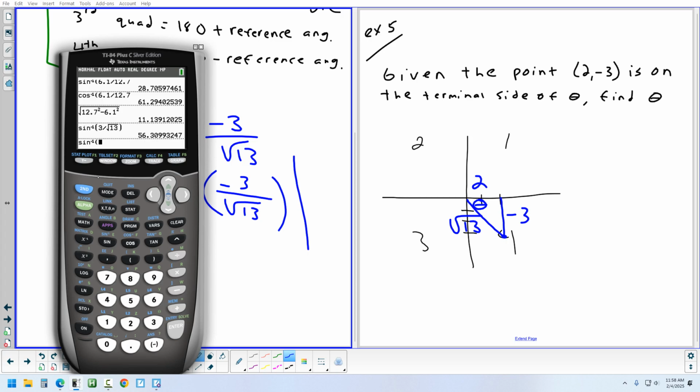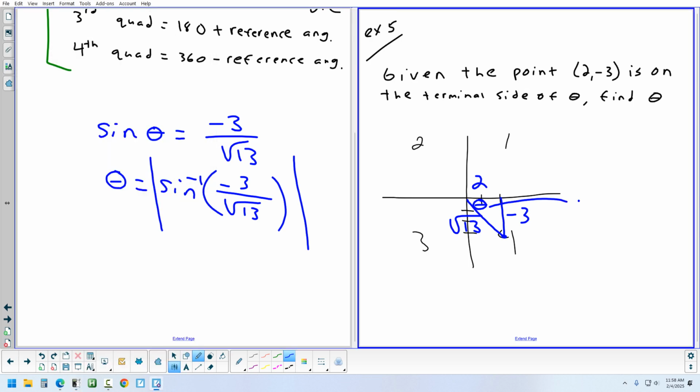Sorry, it was -3, I got messed up. Okay. So you get 56, you get the same amount, but notice it comes out negative because you used the negative. But the reference angle is 56.31.